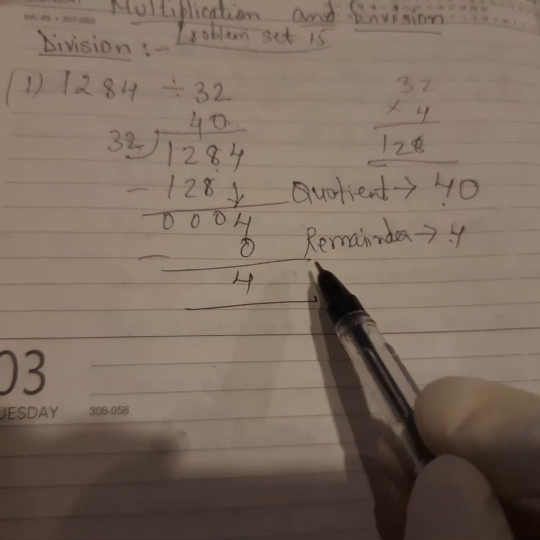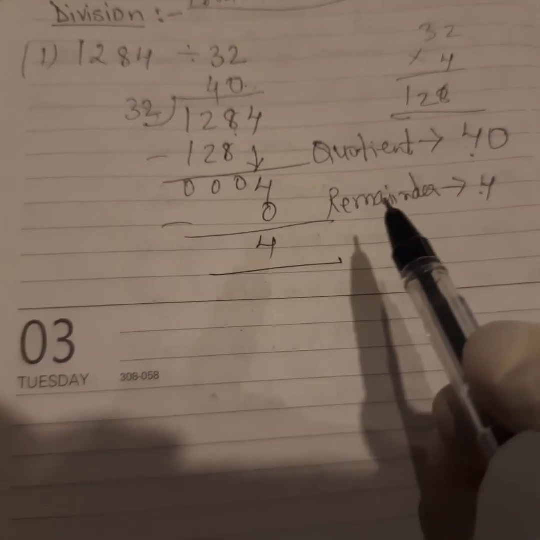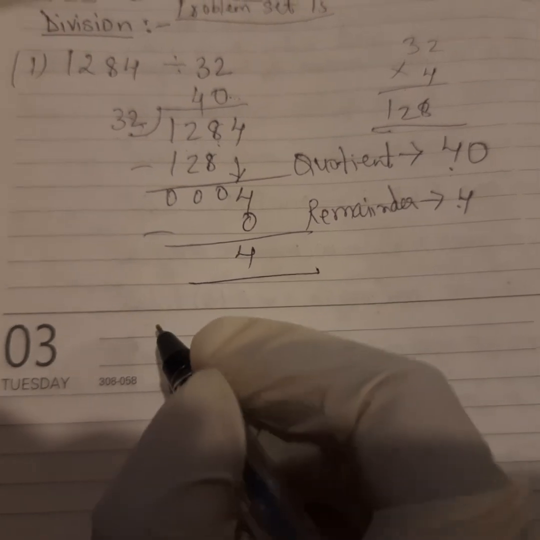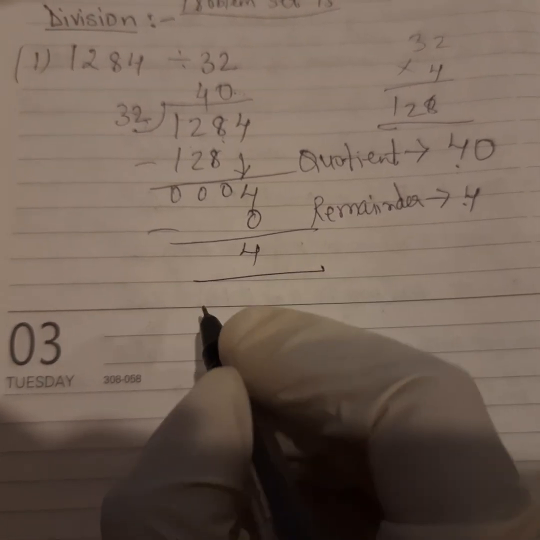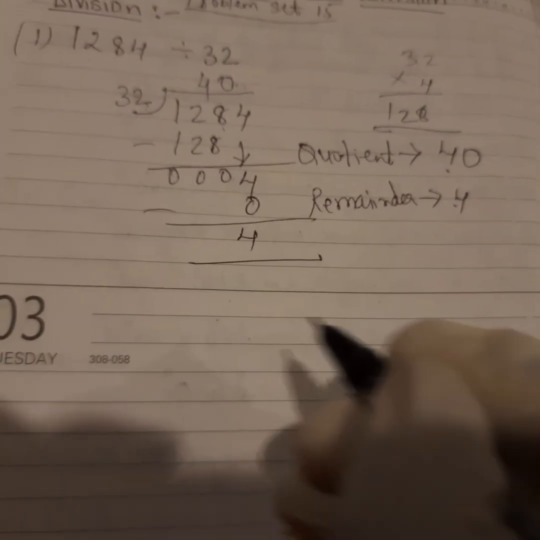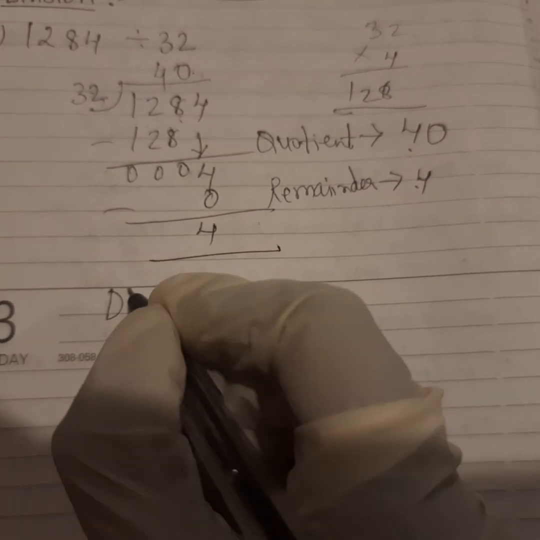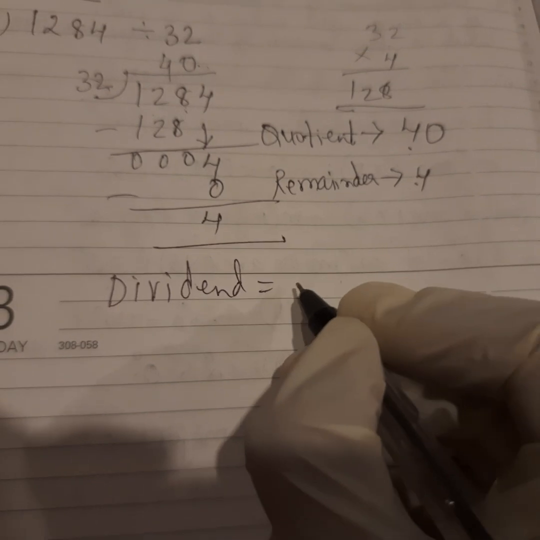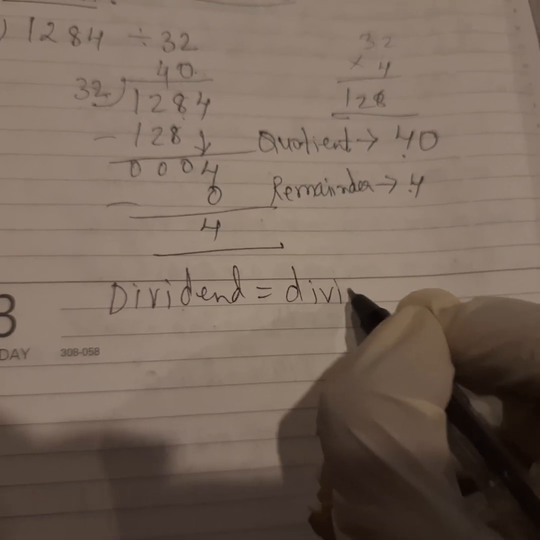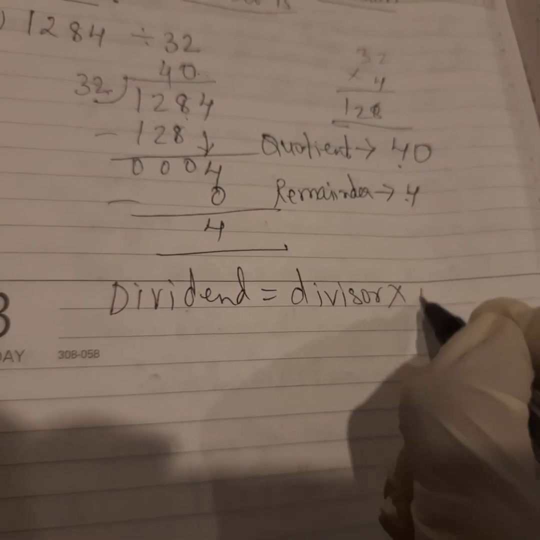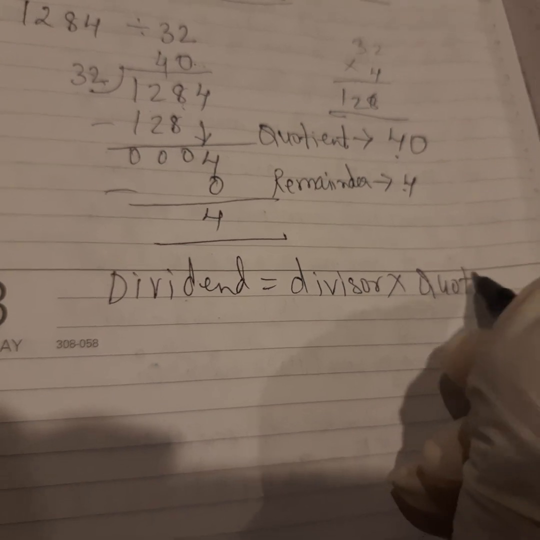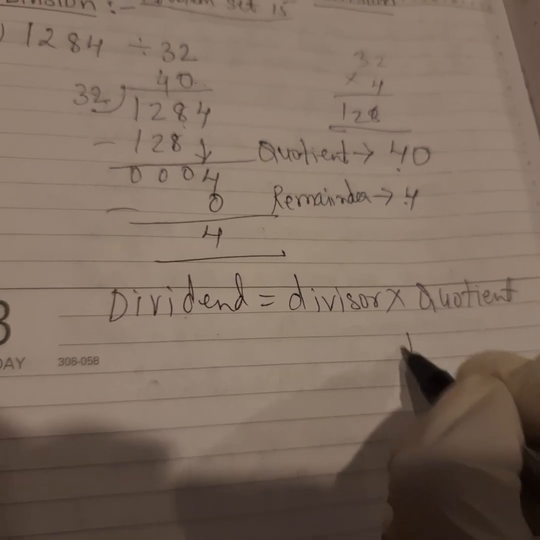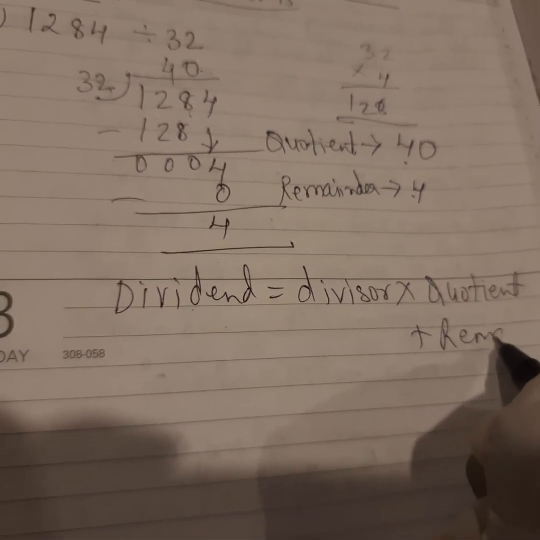Now in case you are in doubt whether my answer is right or wrong, it's very simple. What you have to do is, dividend is equal to divisor into quotient plus remainder.